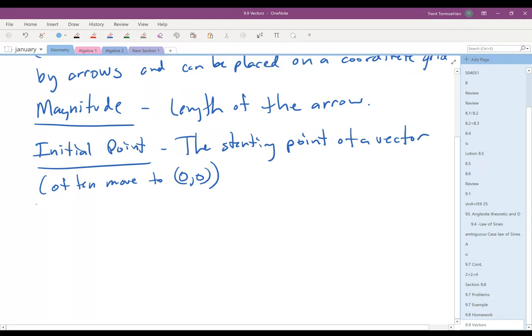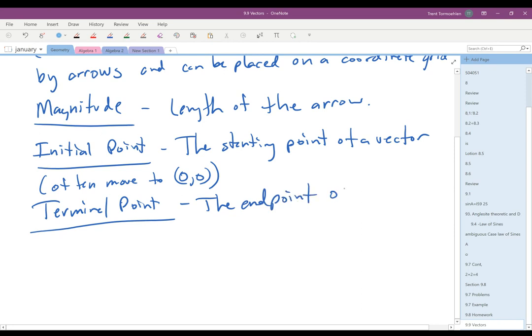Then we have what's called the terminal point, which is the endpoint of a vector. When we move the initial point to 0, 0, we're going to have to move the terminal point as well to match up to it.